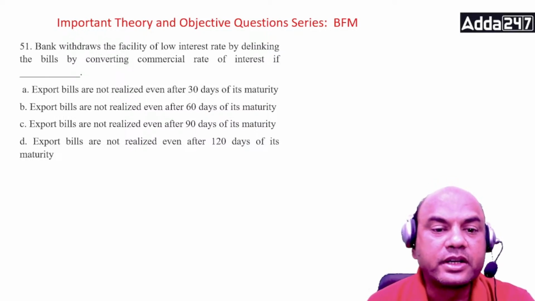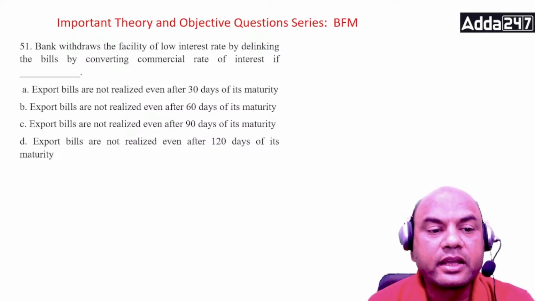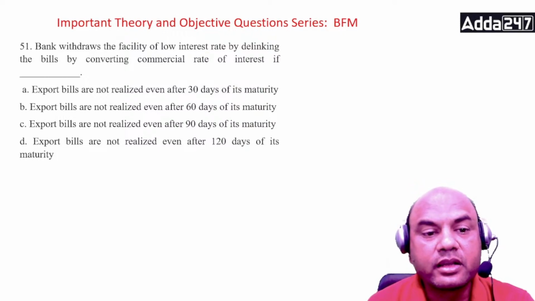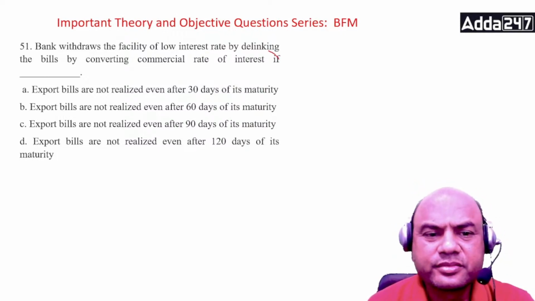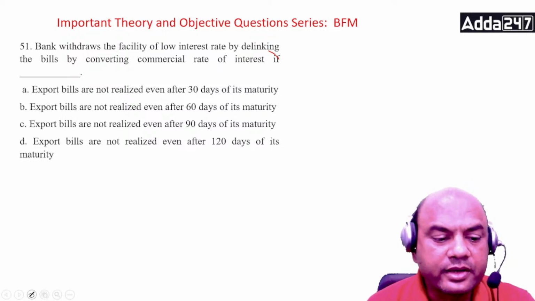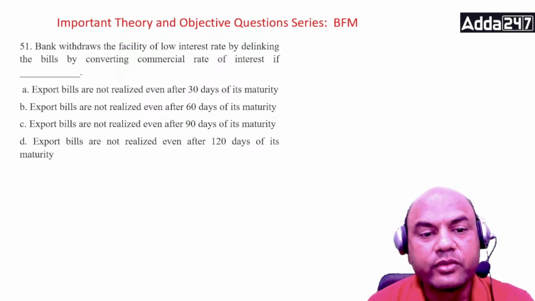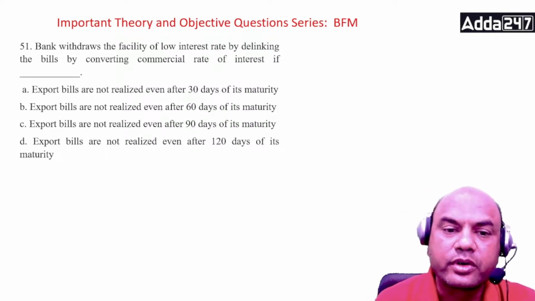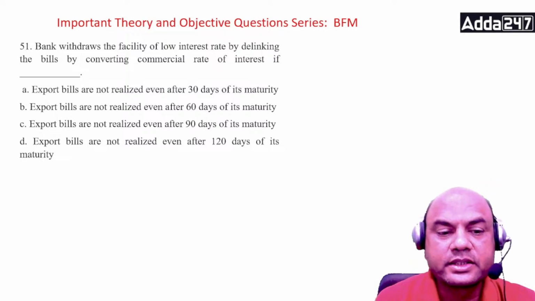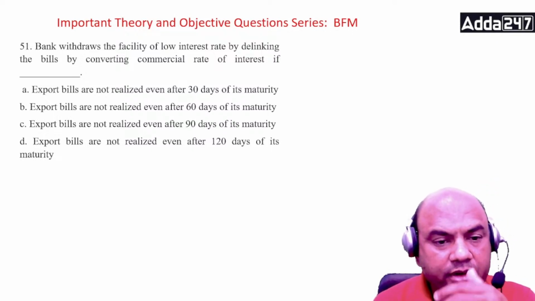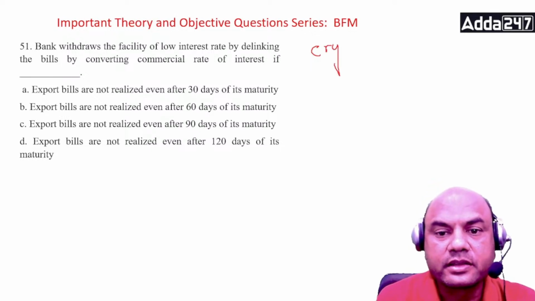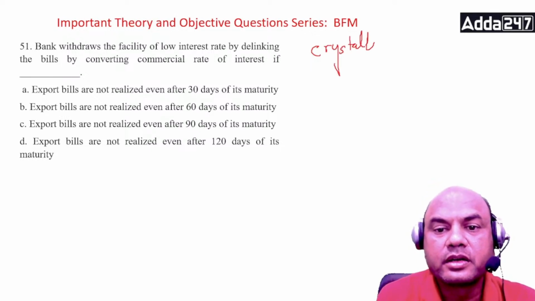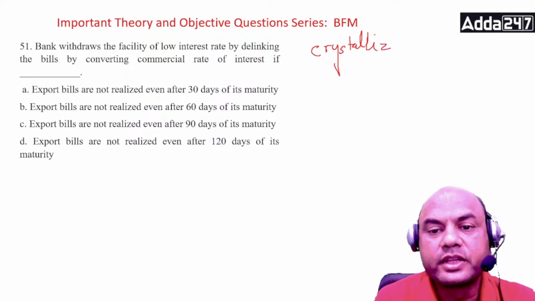Bank withdraws the facility of low interest rate by delinking the bills by converting them to commercial rate of interest. What do you mean by this? This is known as crystallization.